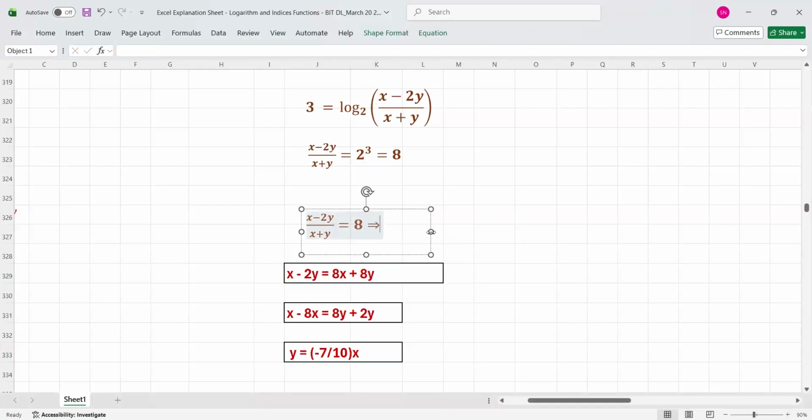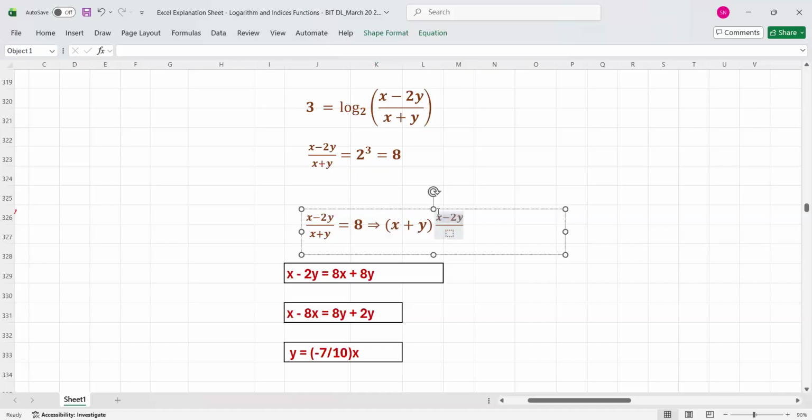If you cross multiply this equation, in the numerator, I multiply by x plus y, and the numerator already happens to be x minus 2y.